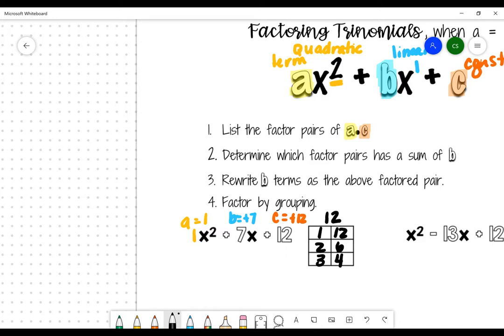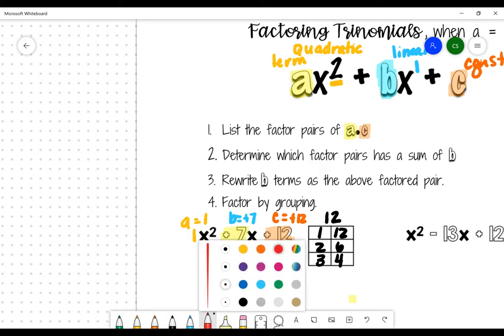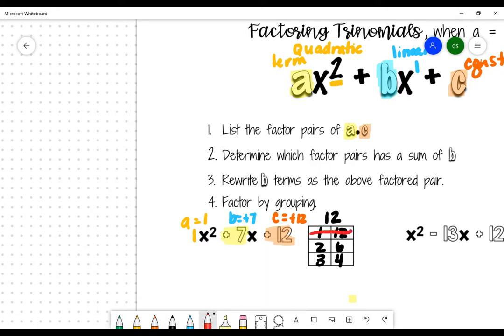I need to determine which pair of these factors has a sum of my b term, which means which pair of my factors from multiplying a times c is going to add up to give me my b value of a positive 7. So I already know I can't add 1 and 12, no way to give me 7, or 2 and 6. So my only option would be 3 and 4.